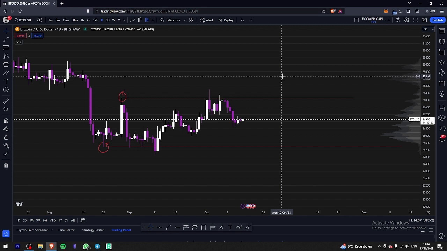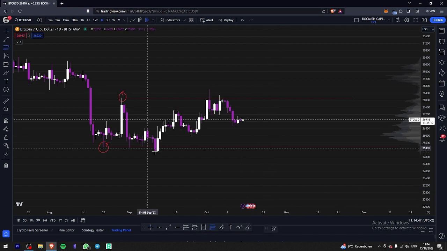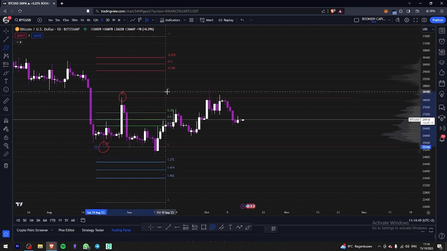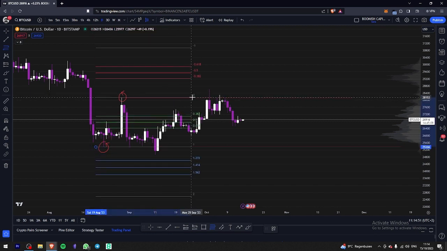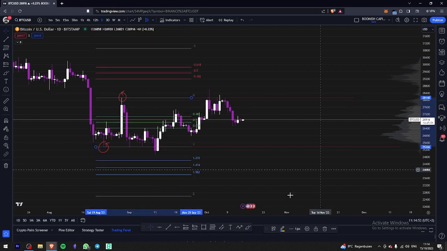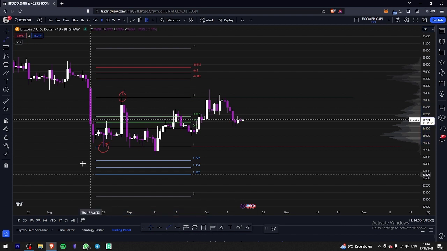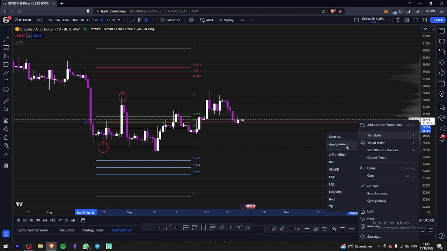The next thing I want to talk about is the fact that you want to add a middle of the range, right? You can do this by just selecting your fib. So that's the EQ, is what they call it. Not the fib, but that's what they call the middle. You're going to want to add a middle of the range.